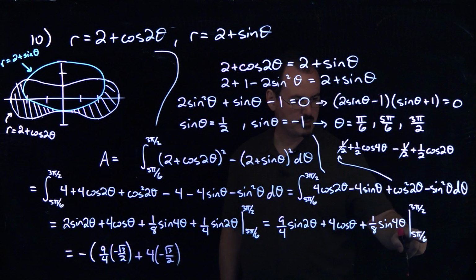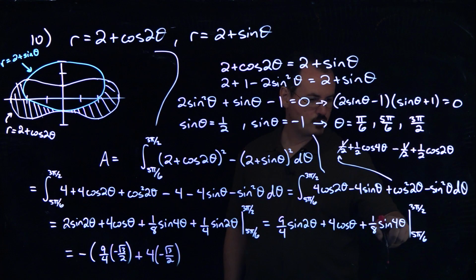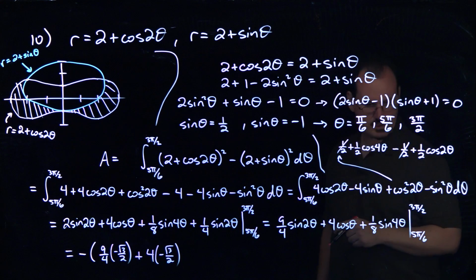And finally, when I plug 5 pi over 6 into here, the 4 will become a 2, and that'll become a 3, so I'll get 10 pi over 3, is that right? Let's see, 20 over 6, yeah, 10 pi over 3.